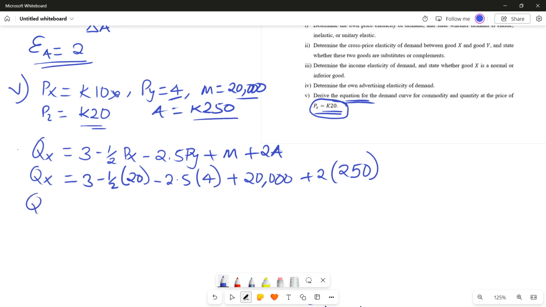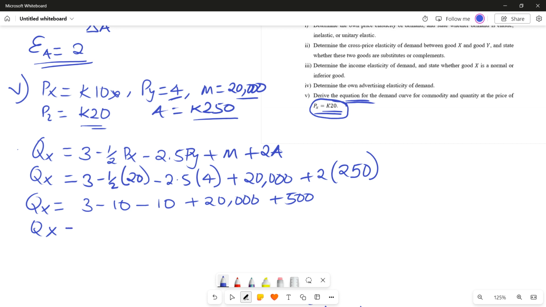Now we just have to simplify this. So this will be 3 minus half of 20, which is 10, and then minus 2.5 times 4, which is also 10, plus 20,000, plus 2 times 250, which is 500. So now how many units can we buy? This would be 3 minus that, plus 20,000, plus that.